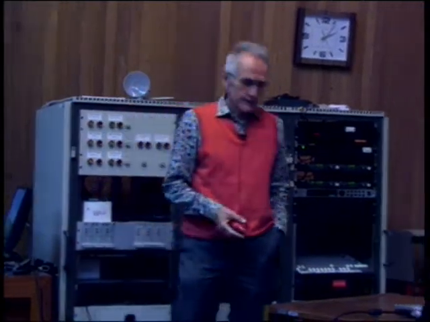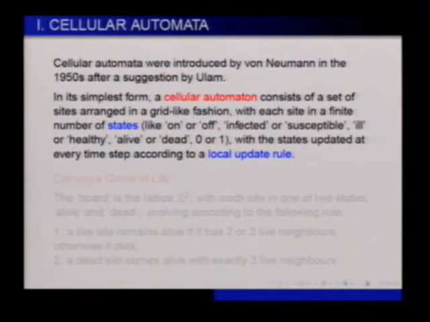Okay, so what's a cellular automaton? Most of you are bound to know that this area was started by Johnny von Neumann, who, after a suggestion of Ulam, introduced these automata, which, the hope was, would be self-reproducing, and they actually eventually constructed such a device.